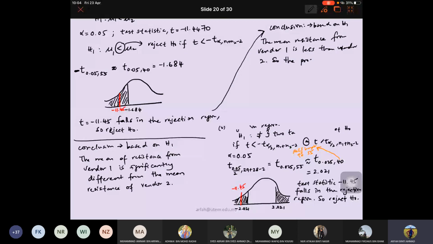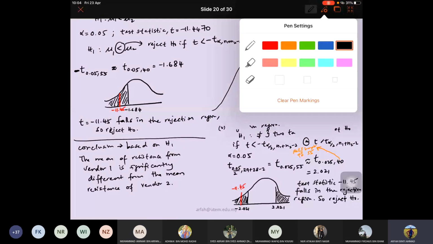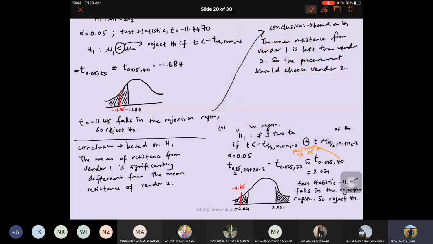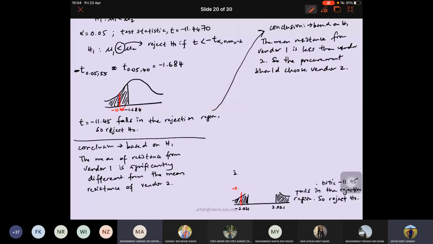So the procurement should choose vendor 2. Okay.